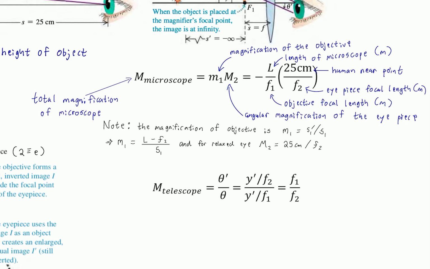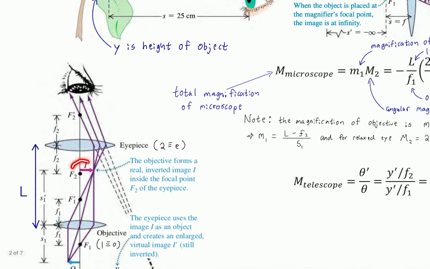And if that's the case, then L is equal to the focal length of the eyepiece plus the image location of the objective. Those two have to sum up to the total length, because the image is being created at F2 of the eyepiece. That's where we're making the image.